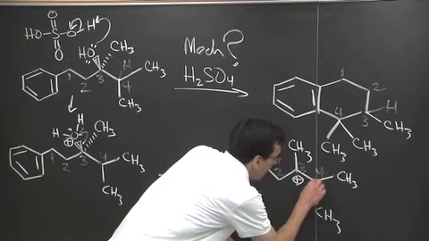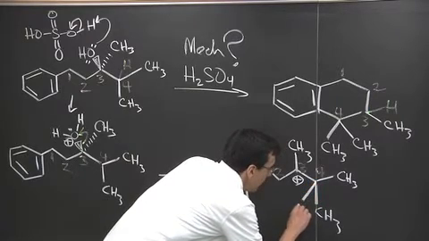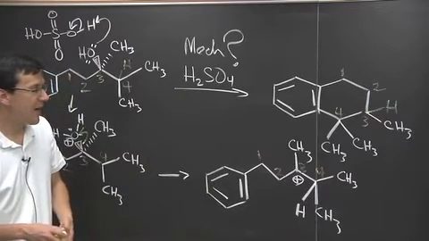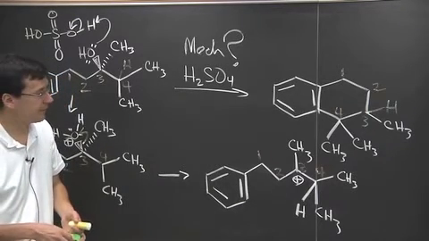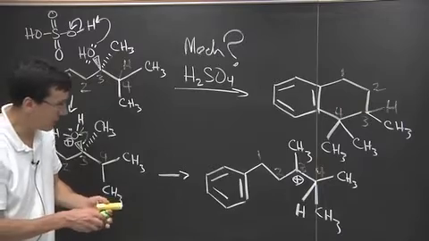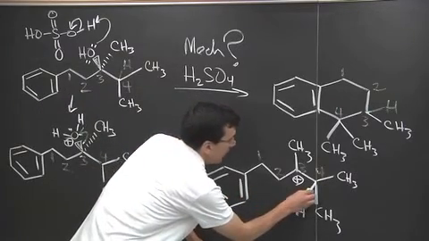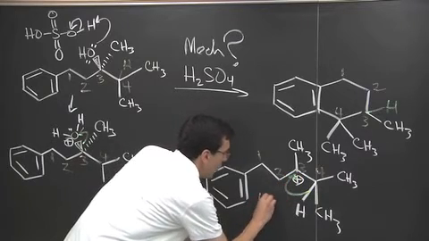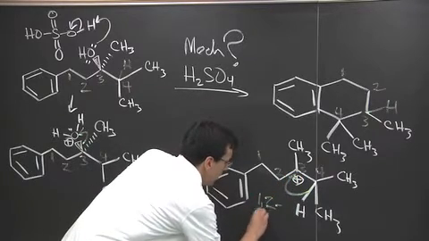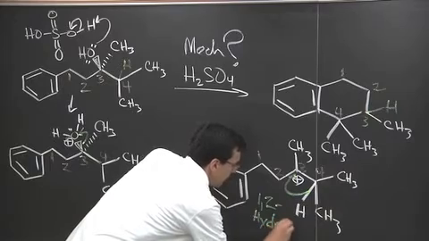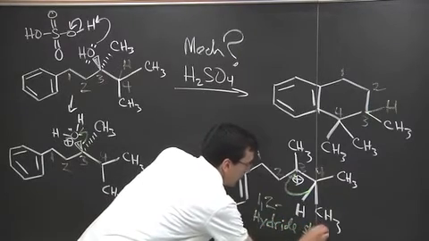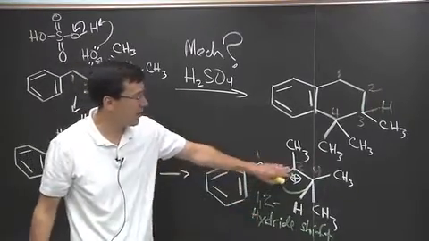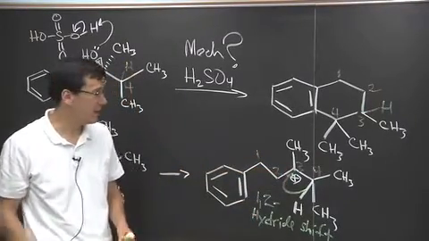But let's not forget about the hydrogen that is over here on carbon 4. If that hydride were to migrate from carbon 4 to carbon 3 in this way, that would be a 1,2 hydride shift. And you might ask, well, why should that happen? I already have a tertiary carbocation.